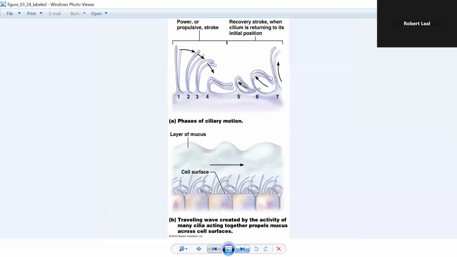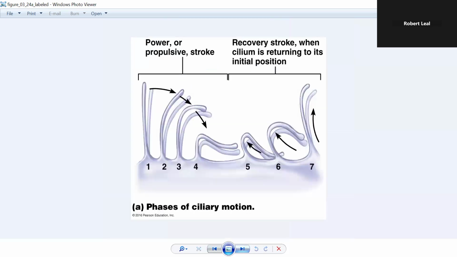So in this case, try to imagine the lining of your trachea, your windpipe. And on the cell membranes is cilia, protein extensions, and their job is to propel mucus. So you see these cilia doing kind of a wave-like movement, so that way any mucus can move.